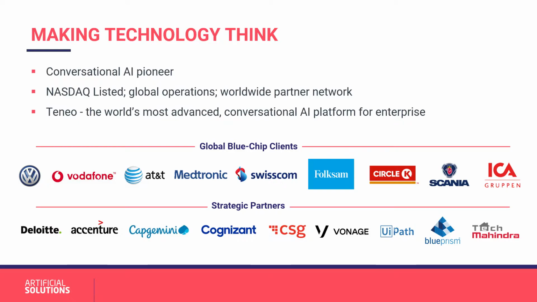Basically, CAI allows people to communicate with devices, websites, and applications in a human-like, intelligent, and conversational way across a wide range of channels, platforms, and input modalities. As you can see on this slide, we tend to work with a wide range of companies across the main three geographies in which we operate, and also partner with some of the world's best-known systems integrators.